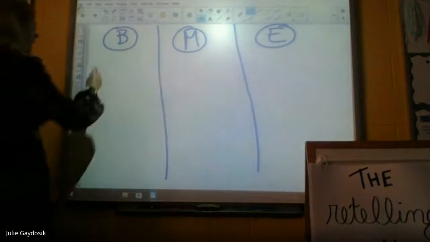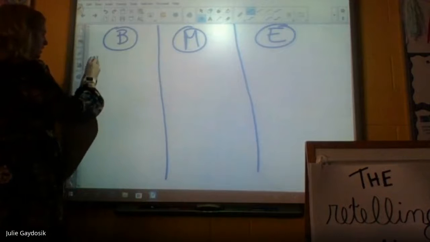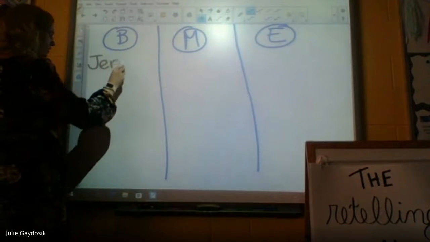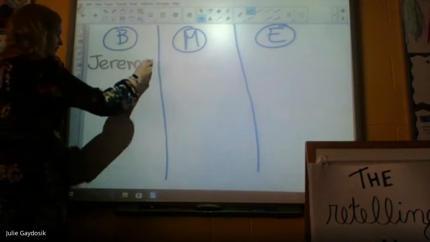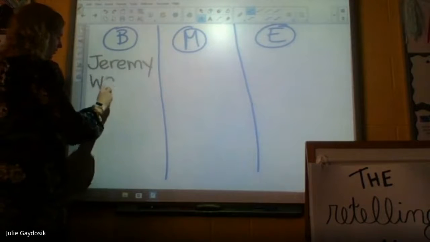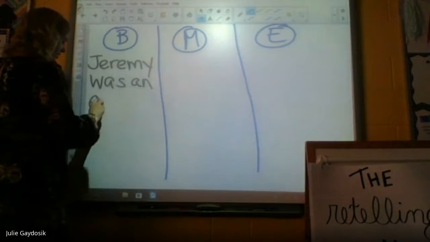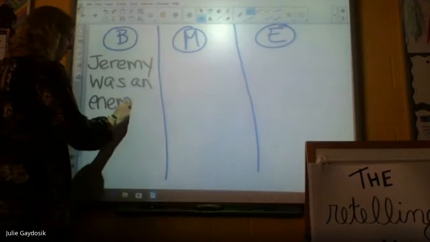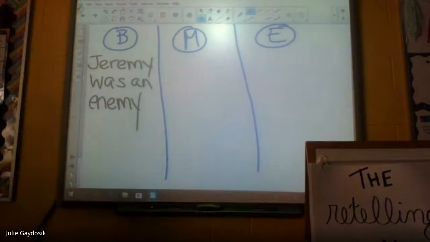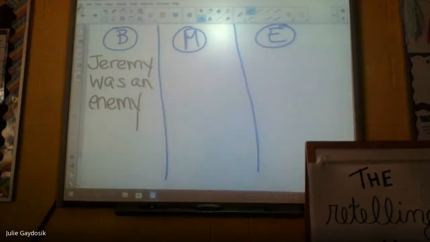Right, that the boy swore that Jeremy was an enemy. Now, I'm not going to write this, but why did he say Jeremy was an enemy? Why did he say that Jeremy Ross was an enemy? And he hated him, remember?